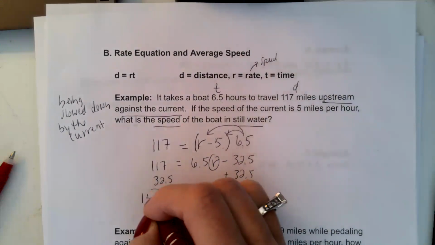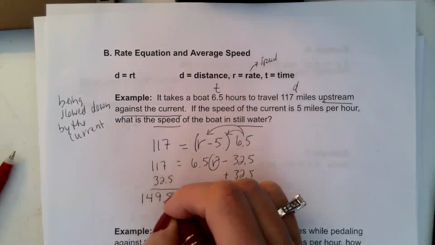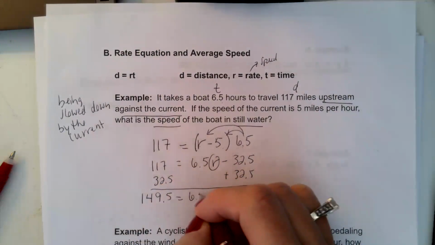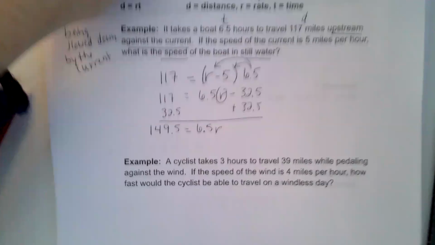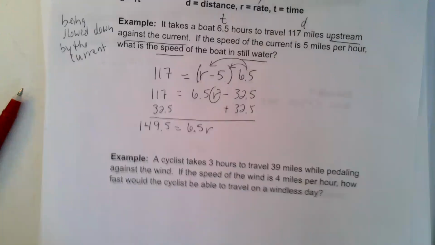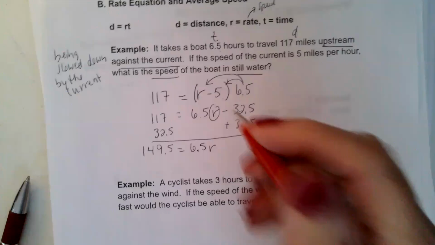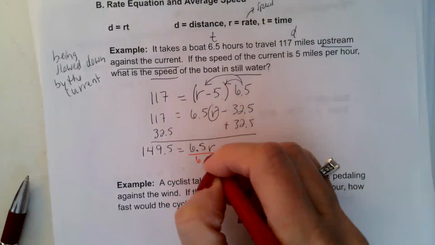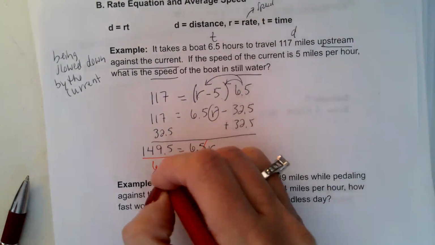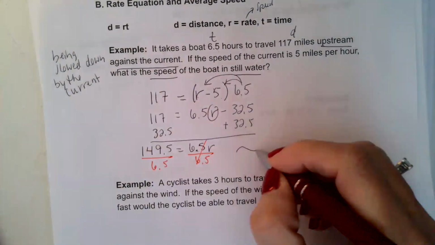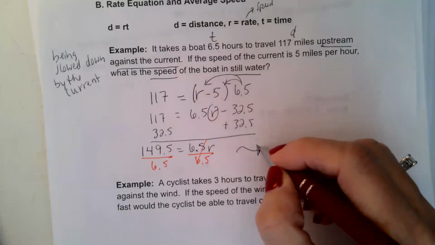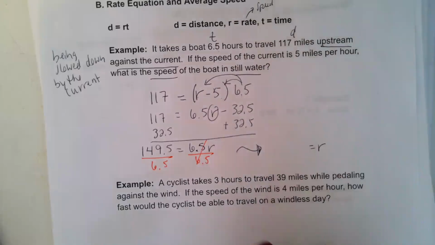So that is 149.5 equals 6.5 R. And then we're going to divide by 6.5 to solve for R. So let's go ahead and go to Desmos to do that.